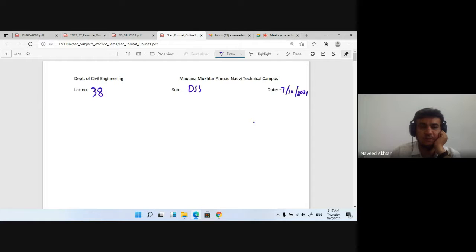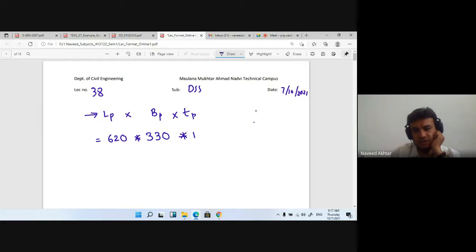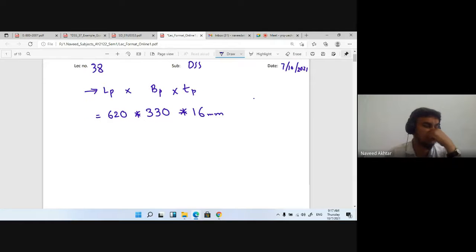The size of the base plate we got is length of plate into breadth of plate into thickness of plate. Length of plate is 620 mm, we have decided. Breadth of plate we have decided is 330 mm, and thickness of plate we got is 16 mm. So this is the sizing of the base plate. We have calculated the size of the base plate.